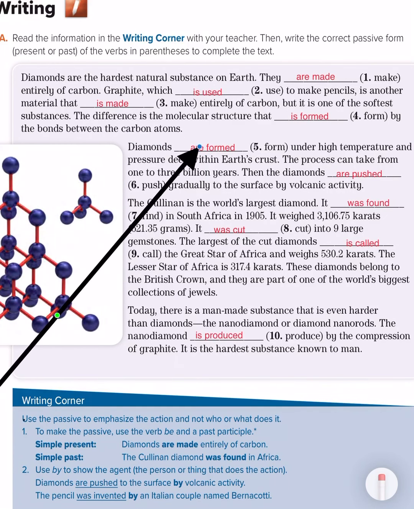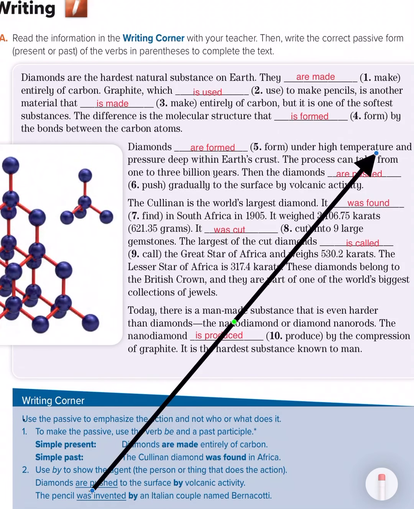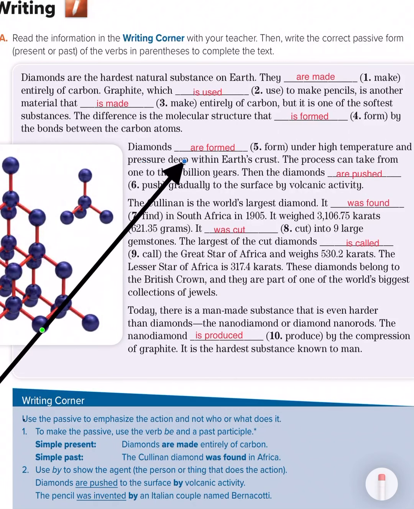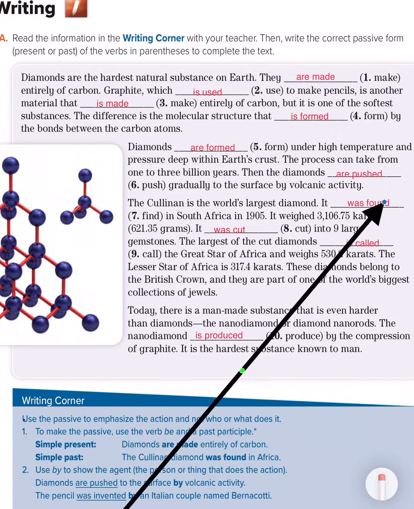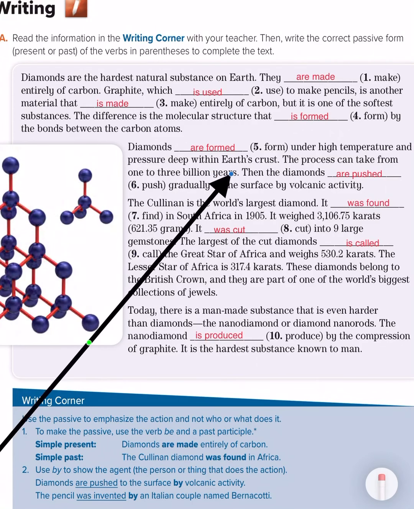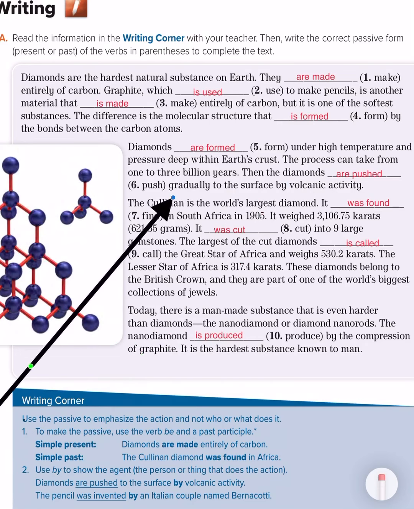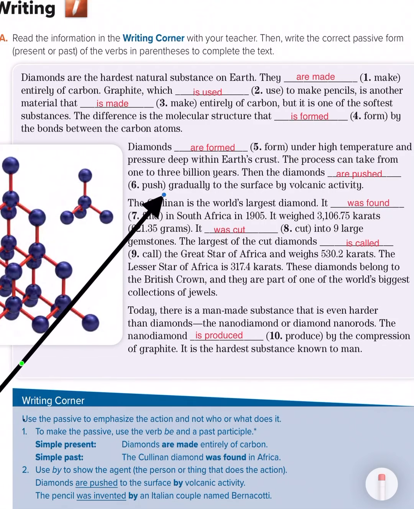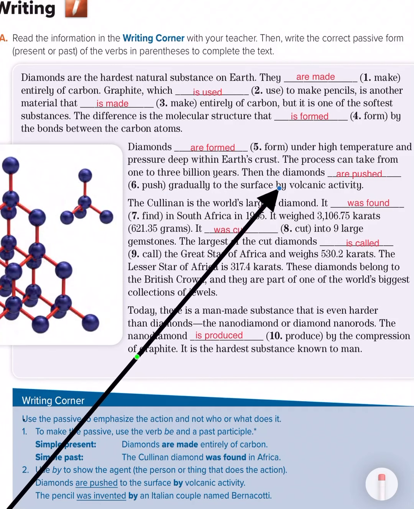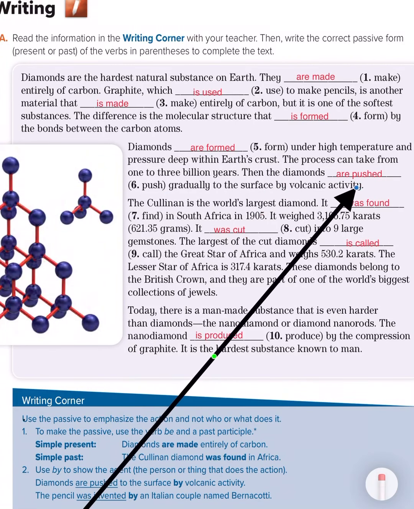Diamonds, as you can see, are formed under high temperature and pressure deep within Earth's crust. The process can take from 1 to 3 billion years. Then the diamonds, so we have here push, so it will be are pushed. We add ed, gradually to the surface by volcanic activity.